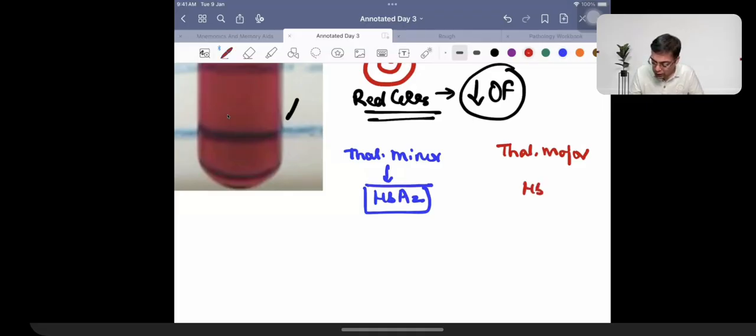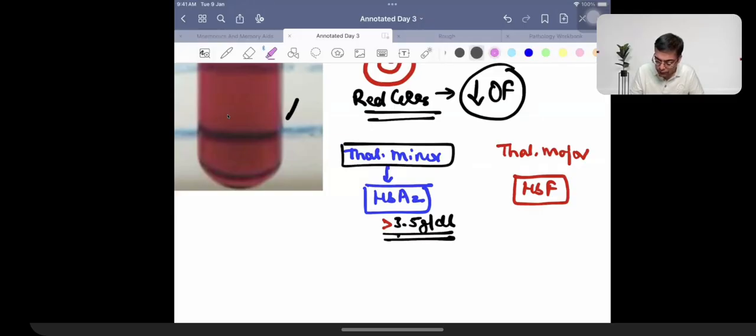In thalassemia major, we are looking at the concentration of fetal hemoglobin. When the value of HbA2 is more than 3.5, this is a patient with thalassemia minor. In normal people, the value of HbA2 is typically less than 3. But when it is more than 3.5, it is diagnostic of thalassemia minor.